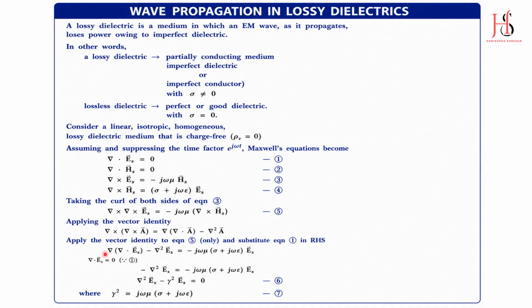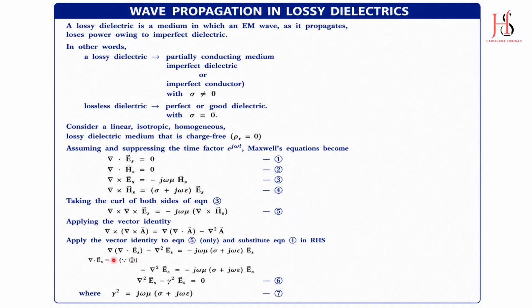So we get del of del dot E minus del square E equal to the right hand side, which remains the same, minus j omega mu. Instead of implementing the curl of H, we implement Maxwell's fourth equation. So in the place of del cross H we implement sigma plus j omega epsilon into E.